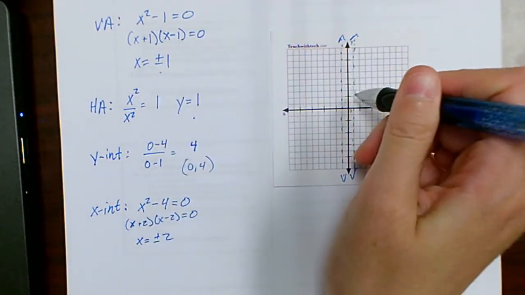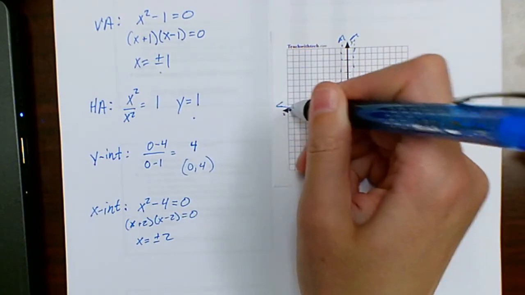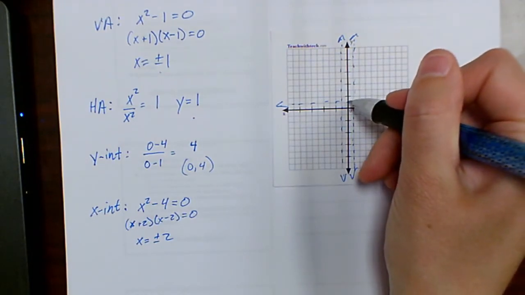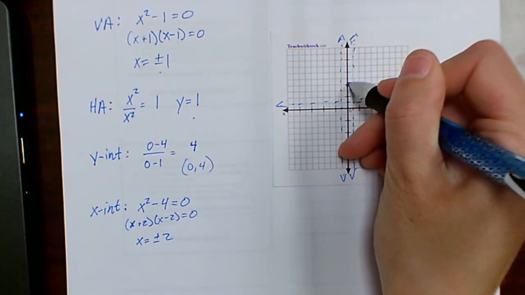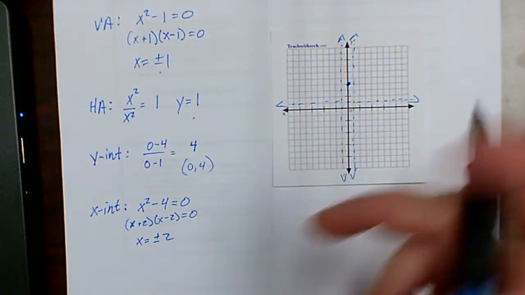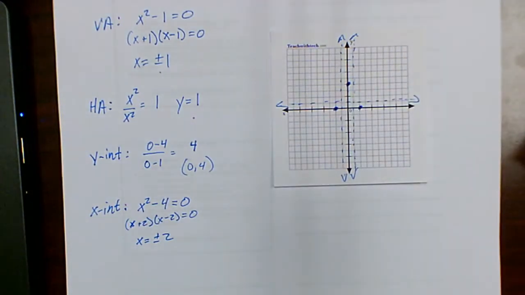Then we'll have a horizontal asymptote at 1, and then we'll have 0, 4, 1, 2, 3, 4, and then we will have -2 and +2.